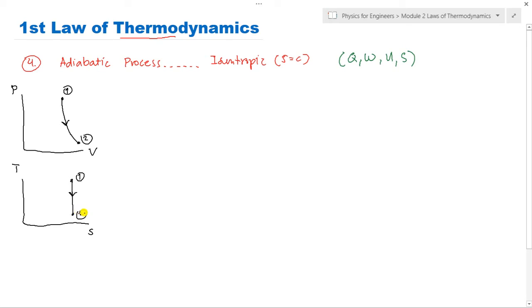Okay, and what else? For an adiabatic process, class, when we say adiabatic, no heat transfers in or out of our system. So we have no heat transfer.